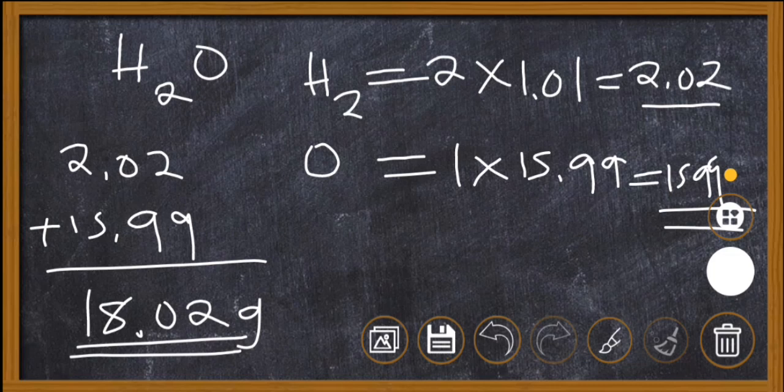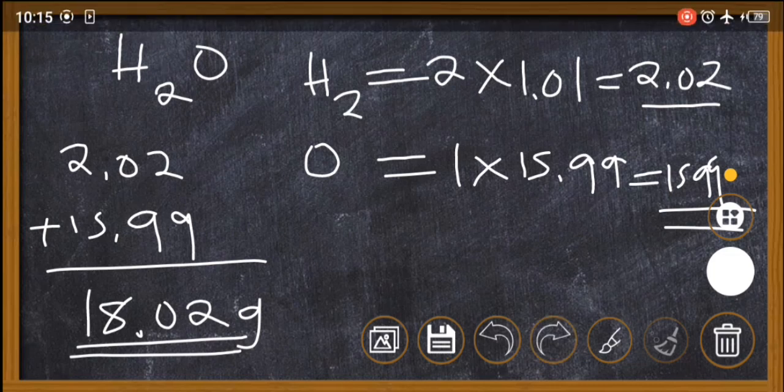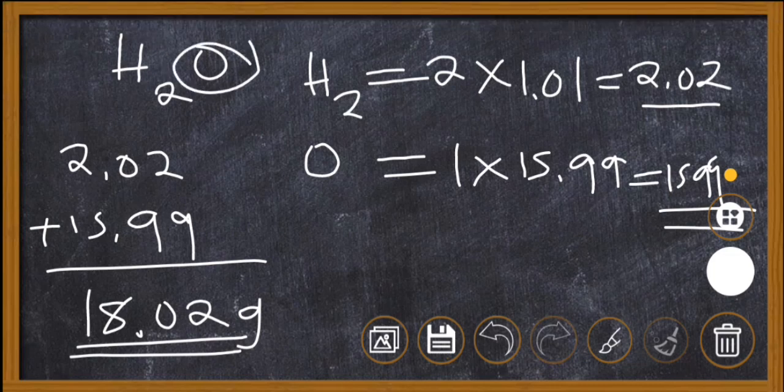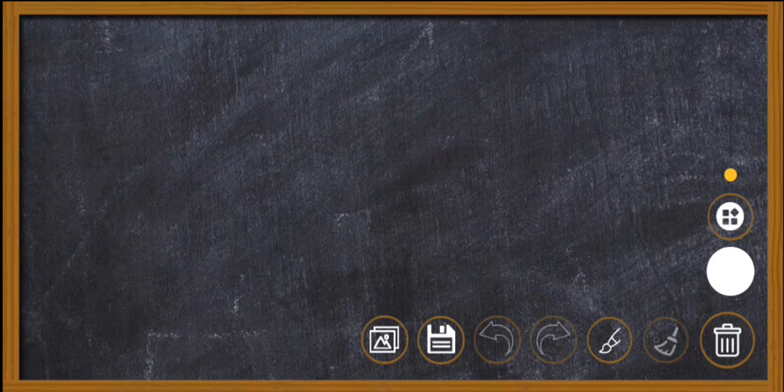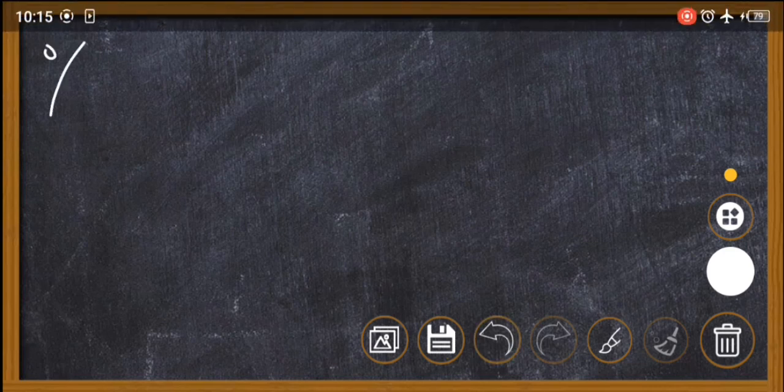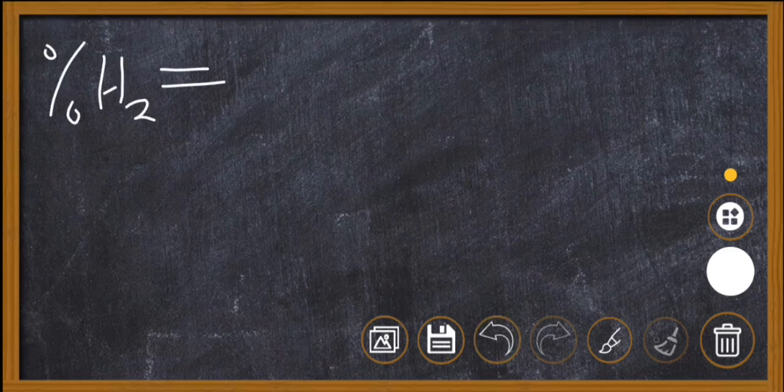Now, for us to calculate the percentage composition, we have to calculate the percentage for each element, that is for hydrogen and also for oxygen. So let's keep this 18.02 aside. Remember, the formula is mass of the element over the mass of the compound multiplied by 100%. So let's begin with the percentage of hydrogen.